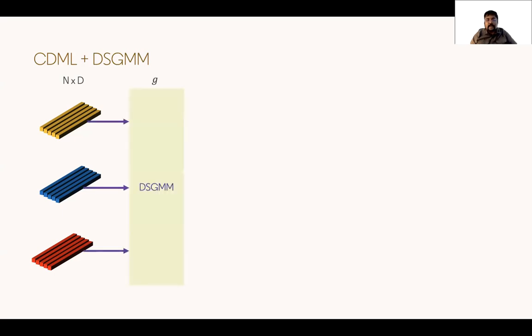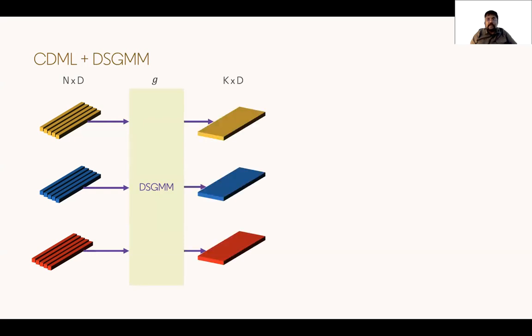This is first pushed through a DSCMM block, which then outputs a K cross D embedding for each video. Typically, D has to be the same as the D in the input, but K can vary. We have experimented with values ranging from 1 to 256. In literature as well, similar techniques like NetVLAD use K equal to 256. So this is a fairly large and rich embedding representing the video and information contained in the video.